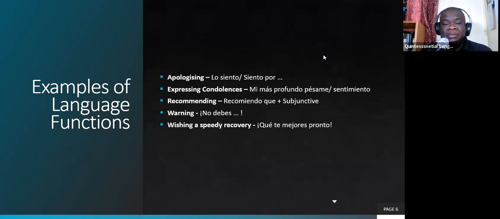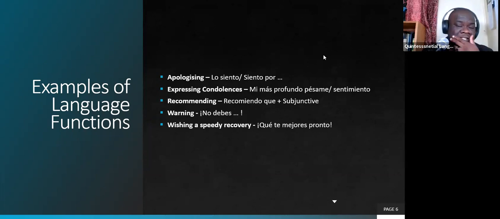And of course, we have some examples of phrases here. This is just a brief thing. As I mentioned to you all, a more expansive list of language functions and the Spanish words and phrases that we could use to fulfill those language functions will be sent to you. To apologize, you can say "lo siento" or "perdón por," followed by whatever it is you're sorry about.